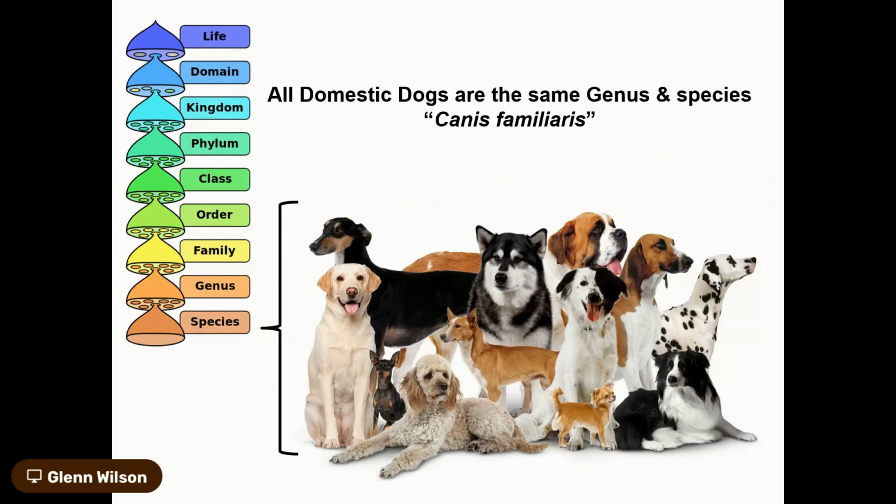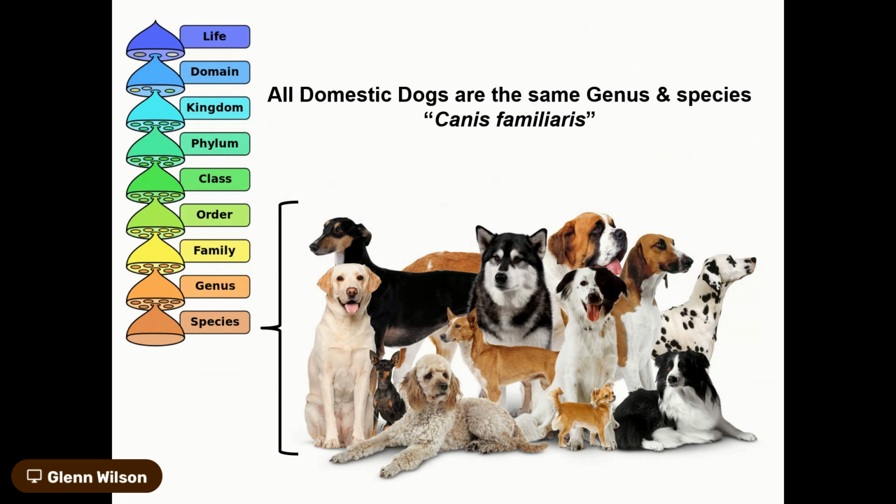And so we have all these distinctions of breeds, but all of these are actually not just the same genus, they're the same species, Canis familiaris. And so we breed these to get certain distinctions, but it's not always a distinction based upon their anatomy.